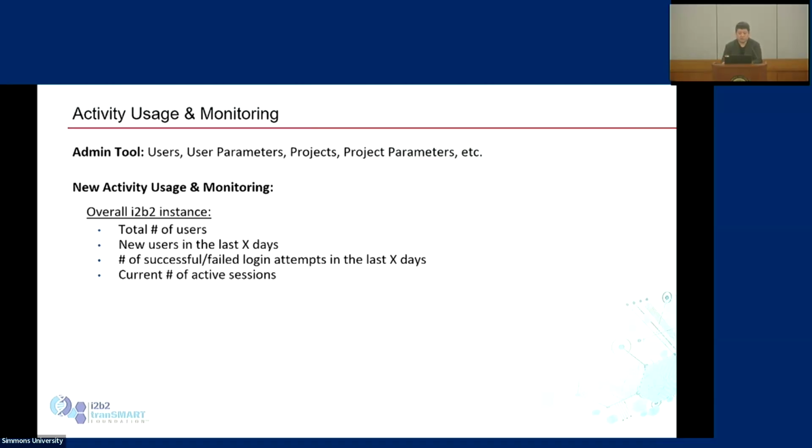the overall status of your I2B2 by looking at what's the total number of users in my I2B2. What are the new users in the last 30 days? What are the number of successful or failed logins against the I2B2 web client, for example? What are the current number of active sessions, right? This is important for when you want to do maintenance.